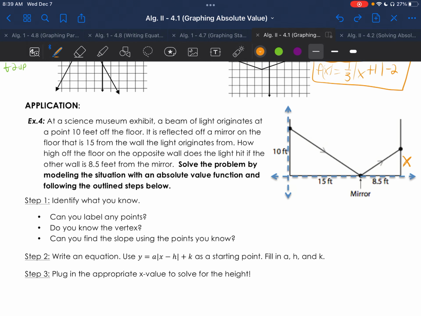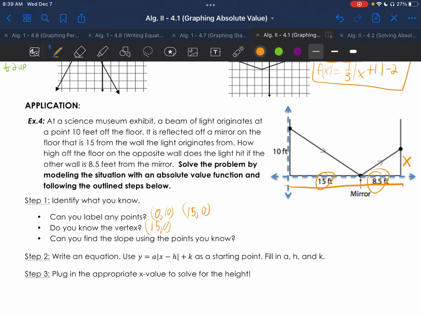So any points that we can label? Yeah, there's some points we can label. Where the light originates is 0, 10, 0 left to right, 10 up. The vertex would be important. The vertex is over here, 15 feet to the right, and 0 up or down, which, as we know, the vertex, yes, it's 15, 0.